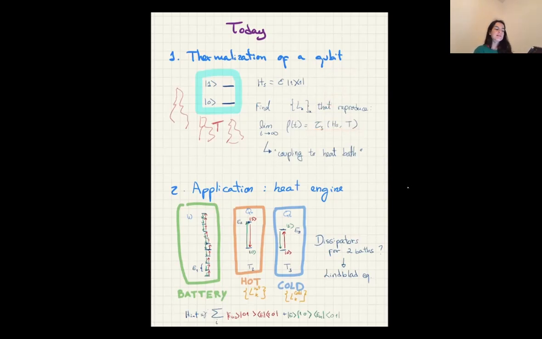Good. And then once we have this, then we can model coupling to any heat bath of any temperature for a qubit at least. Okay, so in particular, we can think of this application to the heat engine that we've seen a few times now, where we never had an explicit model of how to couple a qubit to a hot bath and a qubit to a cold bath. But now if we have these operators, then we can write the full Lindblad equation for the full system, where we'll just add these operators, LK hot acting on this qubit and LK cold acting on this qubit for different temperatures, right?